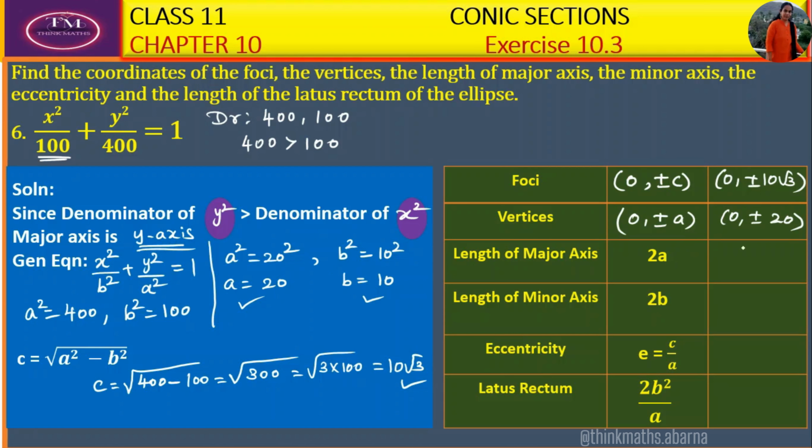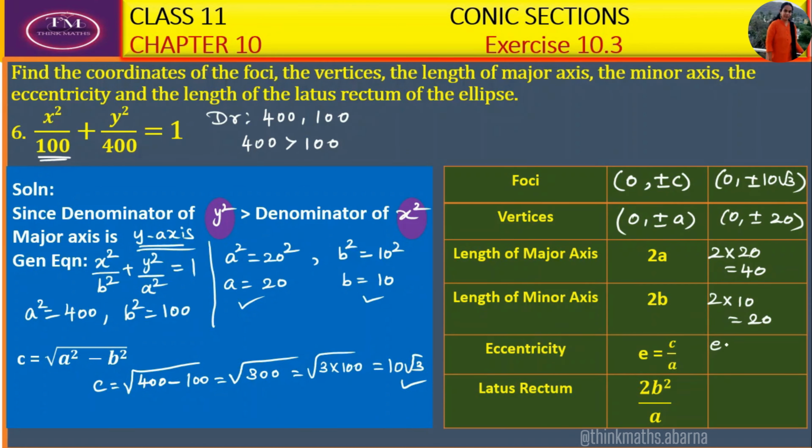What is 2a? 2a means 2 into a. A is 20, which is equal to 40. Now length of minor axis is 2b. B is 10. So it is 2 into 10, which is equal to 20. This is the length of minor axis.